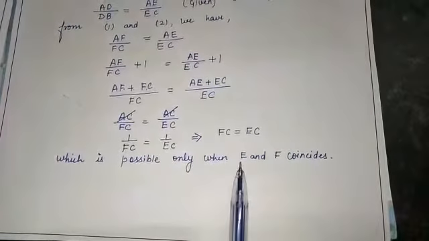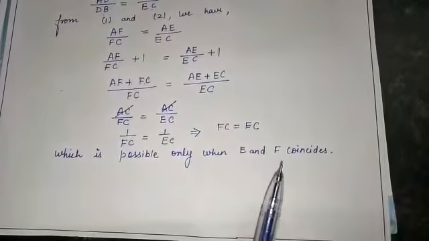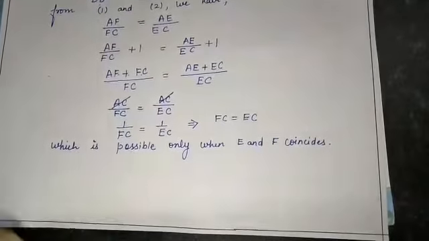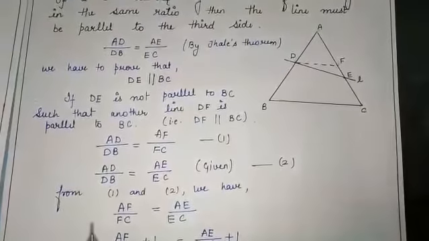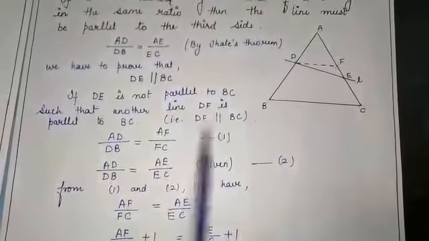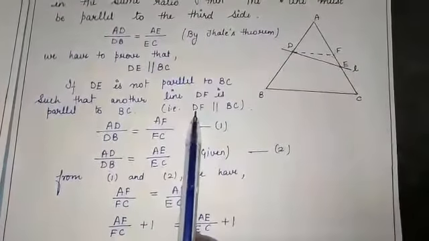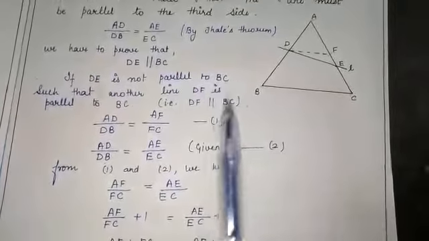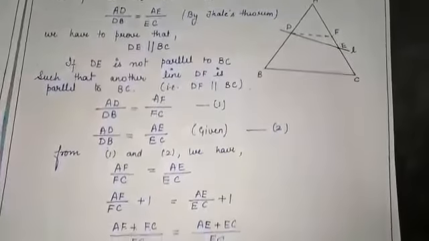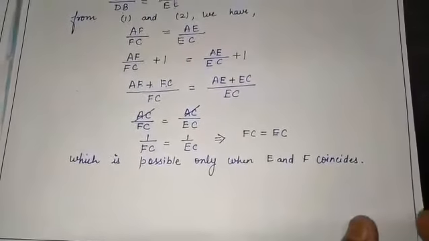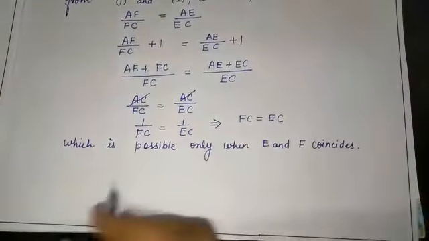When E and F coincide, then since DF is parallel to BC, we say that DE is parallel to BC, because E and F are a single point.